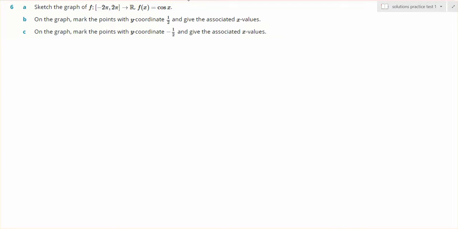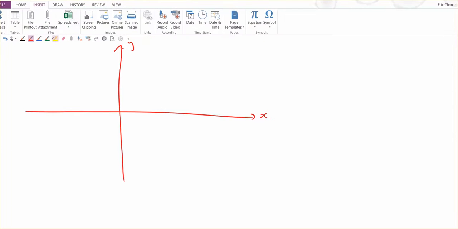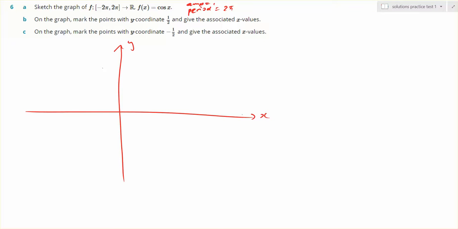I know the amplitude of a normal cos graph is just 1, and the period is 2 pi. So when I draw the graph, I know I can essentially fit two cycles within this domain.